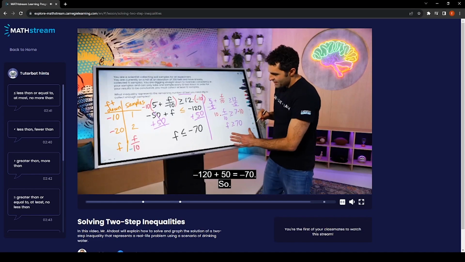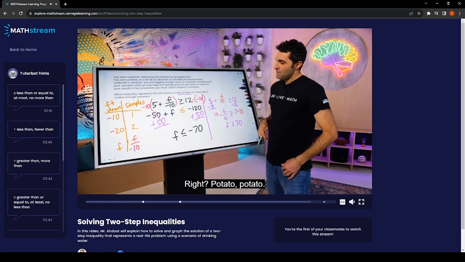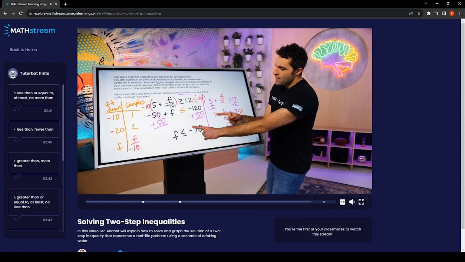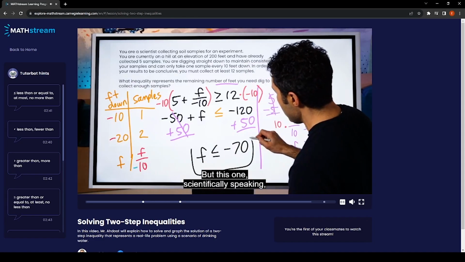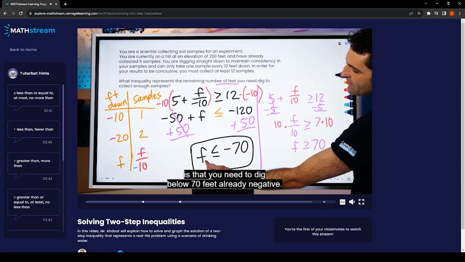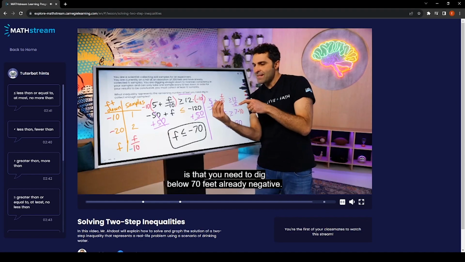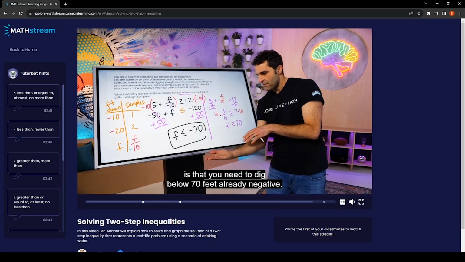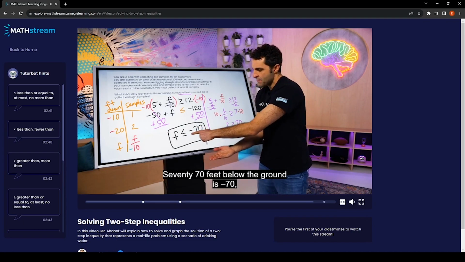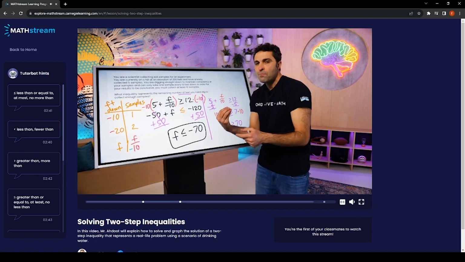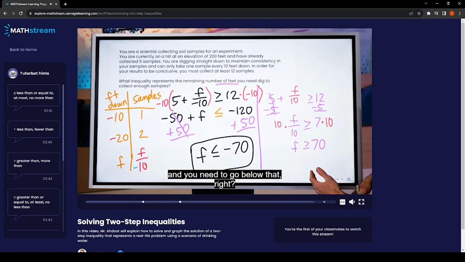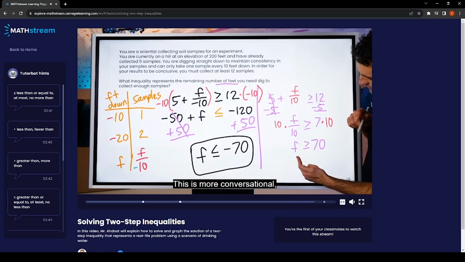So, potato, potato. But this one, scientifically speaking, is that you need to dig below 70 feet already negative. 70 feet below the ground is negative 70, and you need to go below that. This one over here on the right is more conversational.